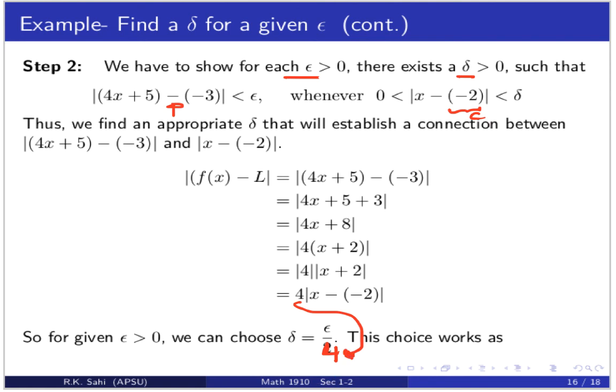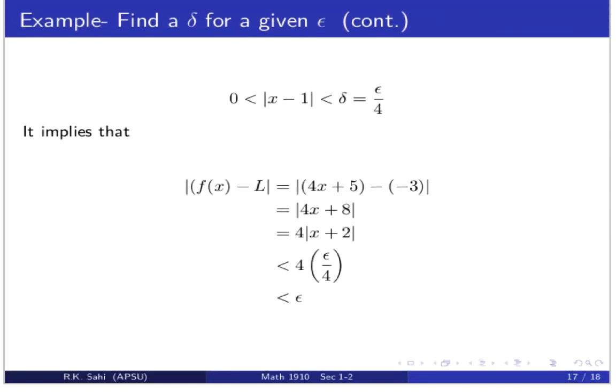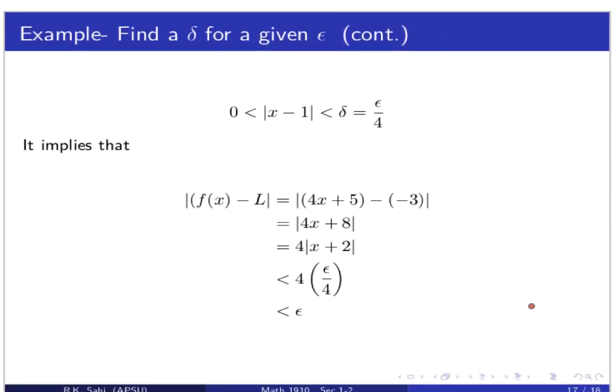Okay, so once again, we go and do the whole process. So we have to find this delta. We say 0 less than |x minus c| less than delta equals epsilon by 4, for |f(x) minus L|. And basically the whole thing, 4 times |x plus 2|. Remember this x plus 2, guys. Again, it's a typo.